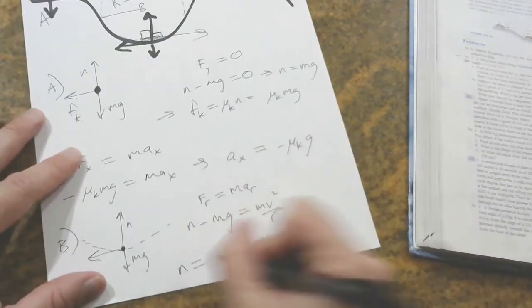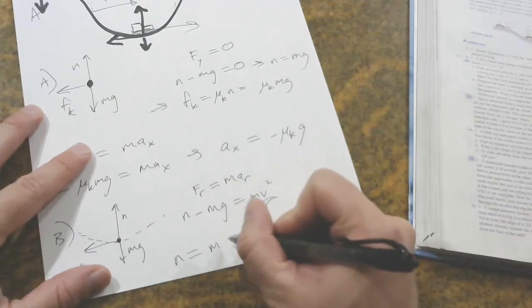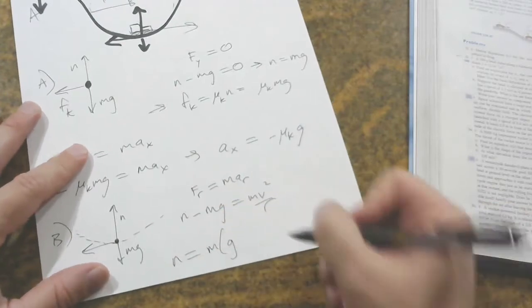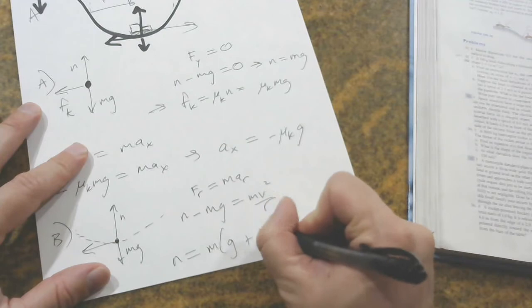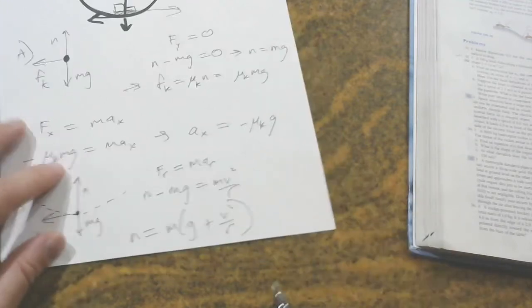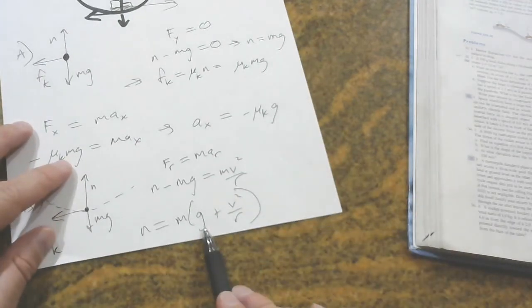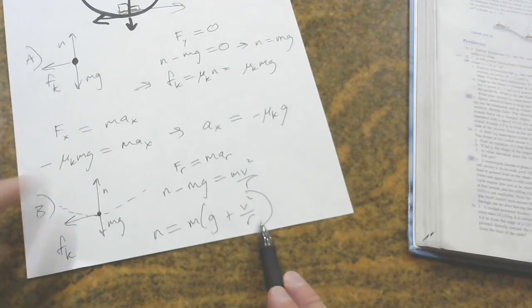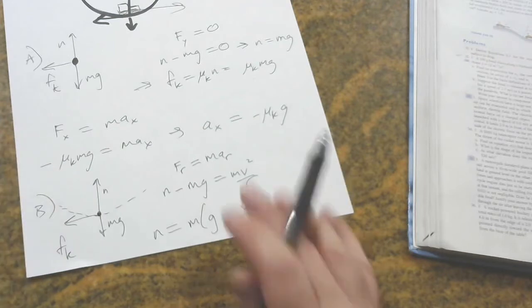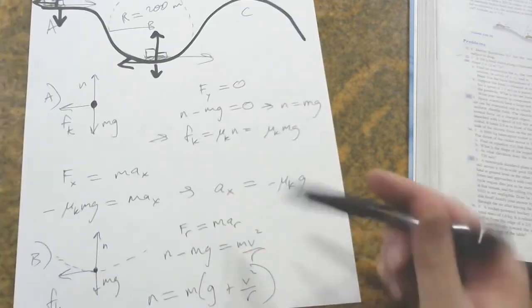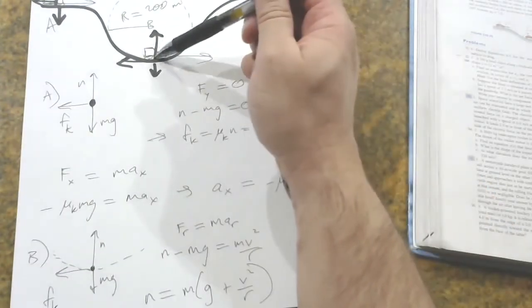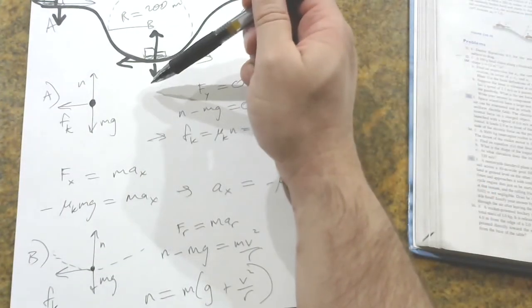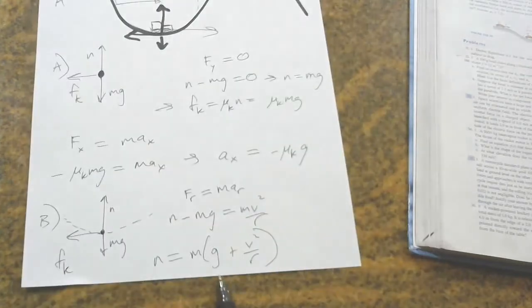And when we solve for normal force, we do in fact find that it's greater than mg. We're adding this term. See, we've got two accelerations in here, the free fall acceleration and the centripetal acceleration, and they add in this instance. That might be surprising because the arrows point in the opposite direction, and yet the two accelerations add.